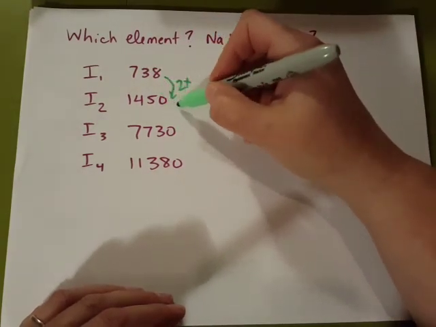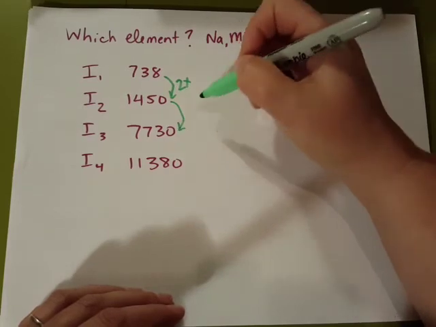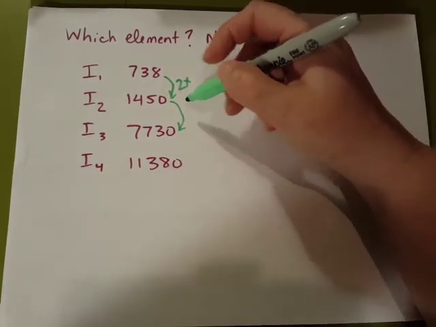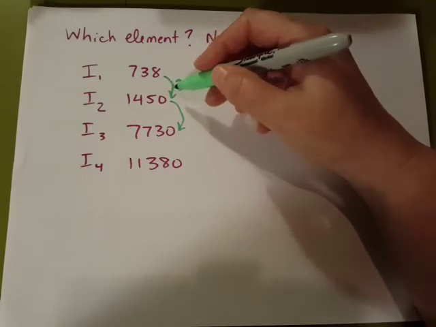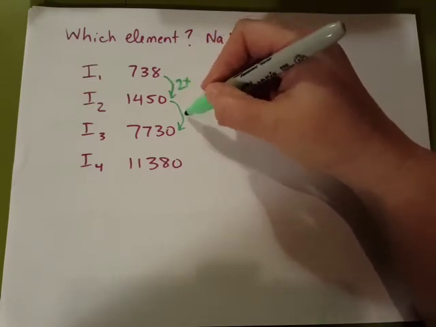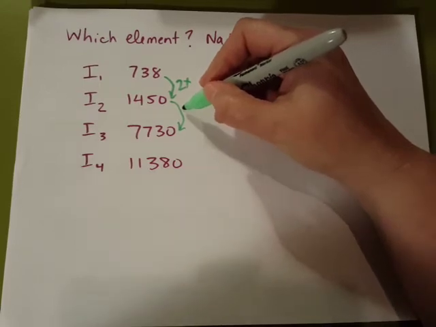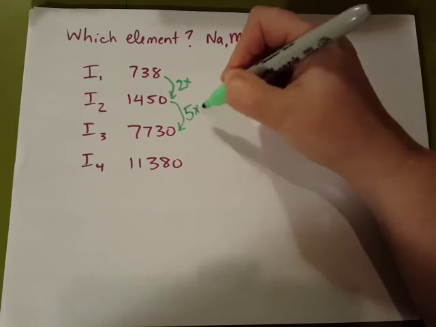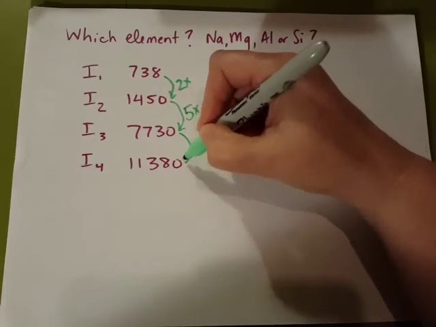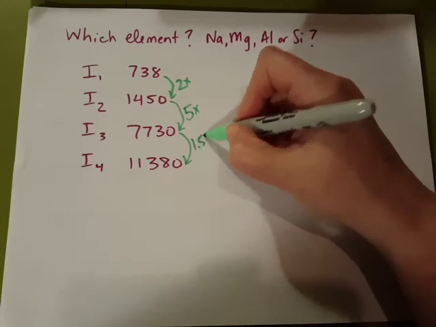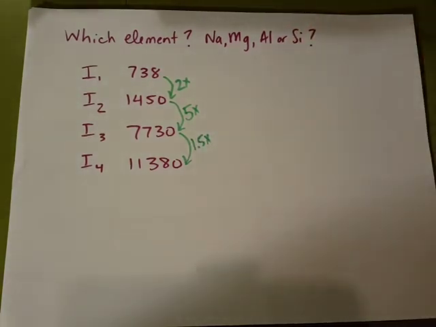From 1,450 to 7,730, what is that, about a 5 times jump. And then from here to here, we're not even at 2 times, so it's about 1.5 times jump.